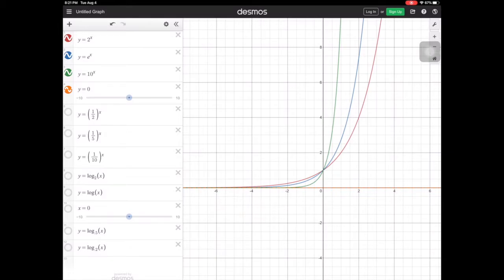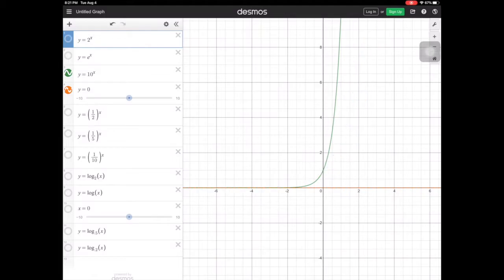As you can see, all three of these functions are always increasing, but they do not go below 0. They never cross that asymptote on the x-axis, and they share a common point, the y-intercept on the y-axis at 1.